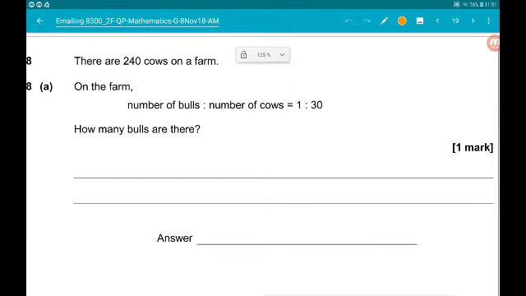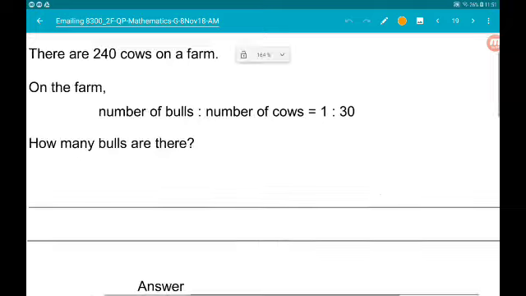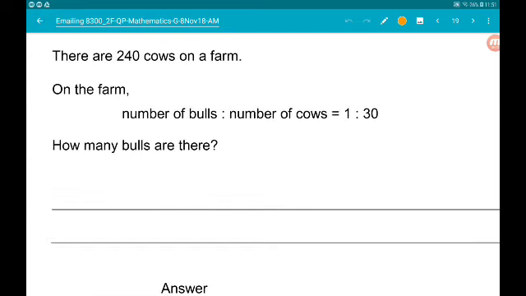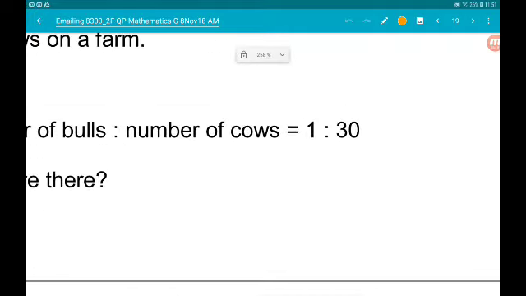Okay, number 18. There are 240 cows on a farm. On the farm, the number of bulls to the number of cows is 1 to 30. How many bulls are there? Okay, so this means for every 30 cows on the farm, there is 1 bull.